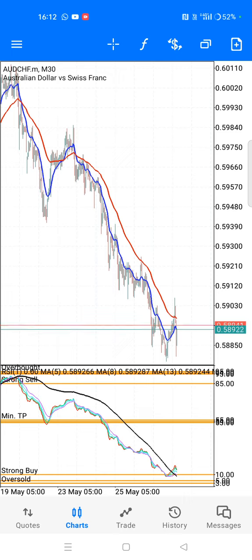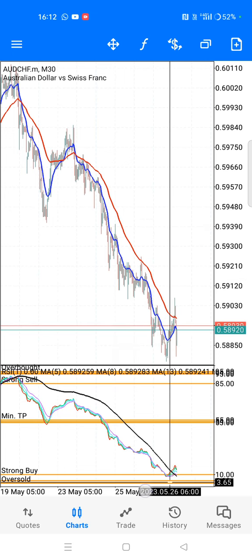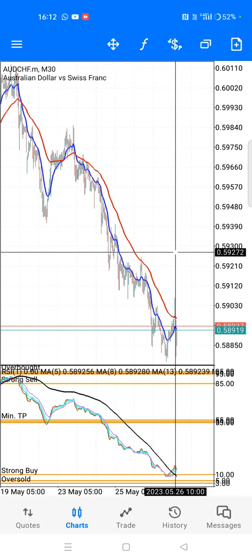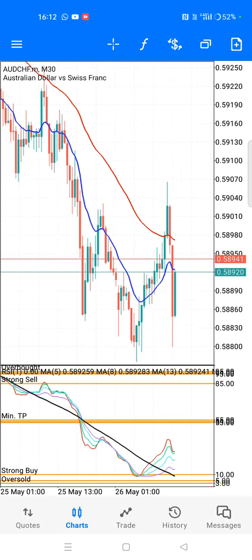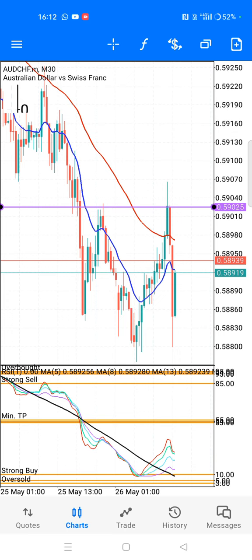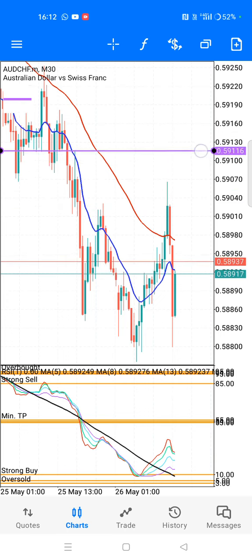Okay, let's say this blue crosses the red for a buy, and then you have confirmation at the RSI. Okay, apply your trading skills. I'm sure you're gonna look for the next supply and demand.